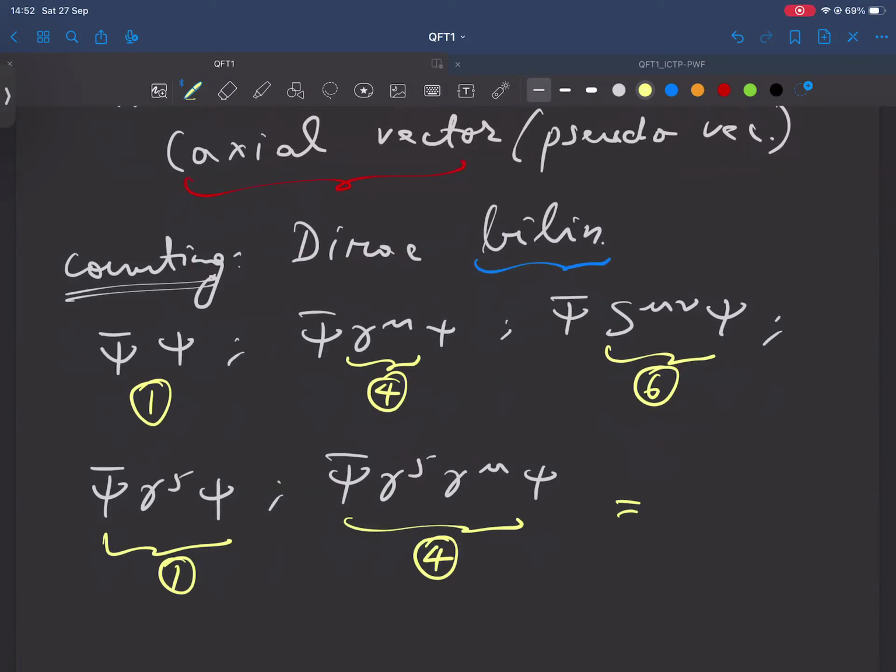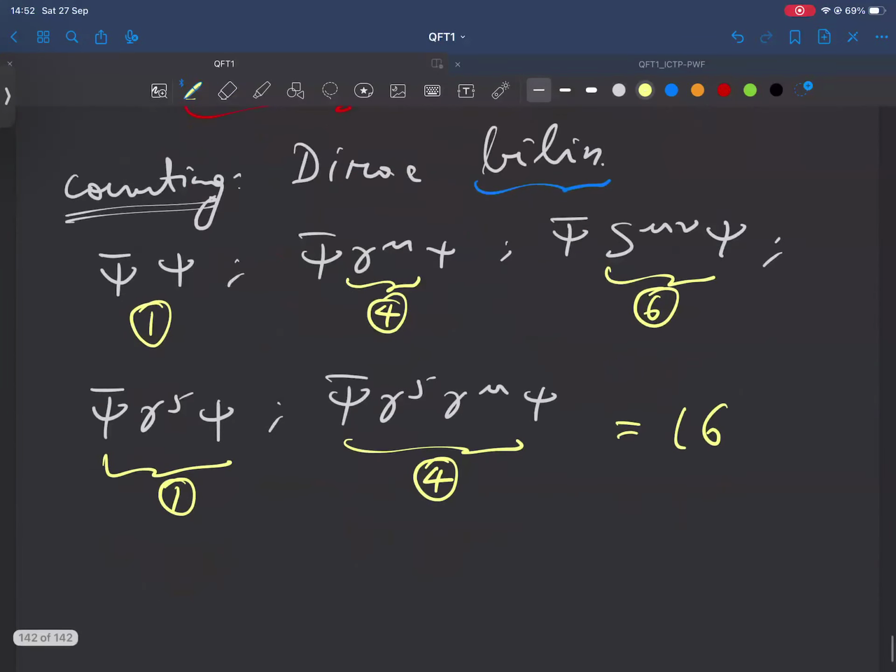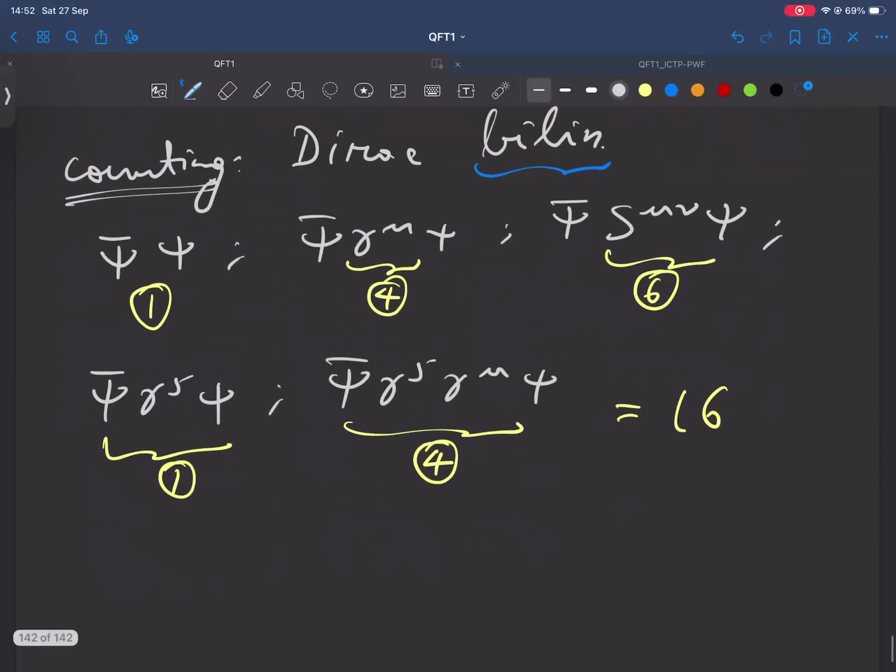So the net comes out to be 16. And that's exactly the total number of independent components of a Dirac thing, because you have psi and psi bar. For a 4 component Dirac spinor, you will have this many independent counts. So this matches the count, and you can now write down any Lagrangian that you want.